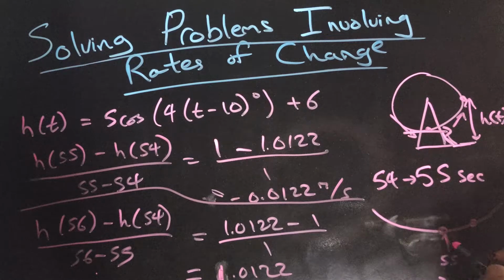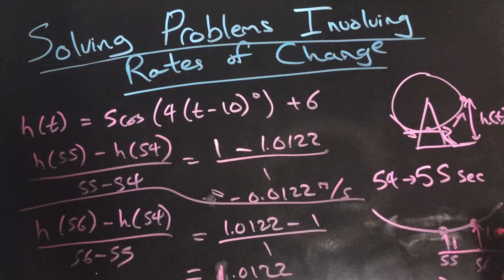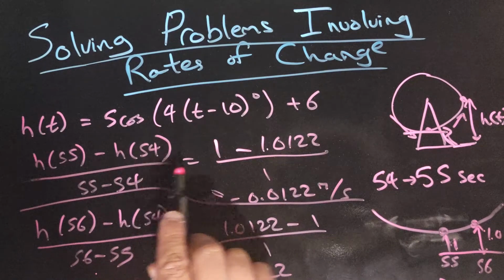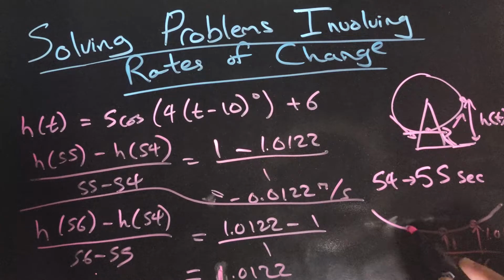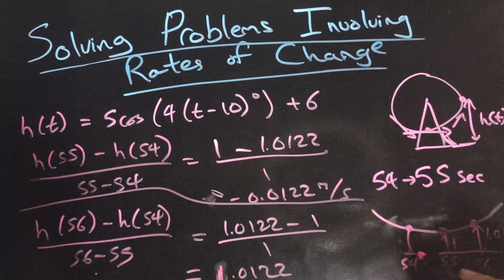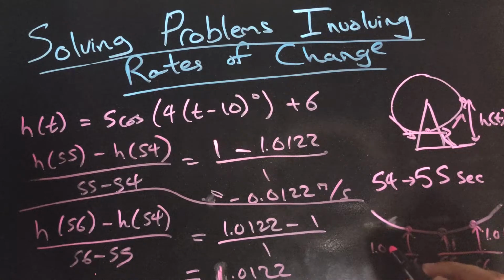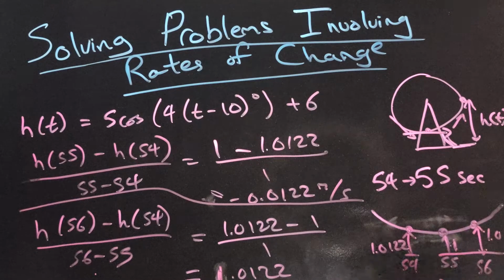So this is going to be 1 meter, and then at 56, it'll be 1.0122, and then at 54, it'll be right here, the same as 56. It'll be 1.0122, and there you go.